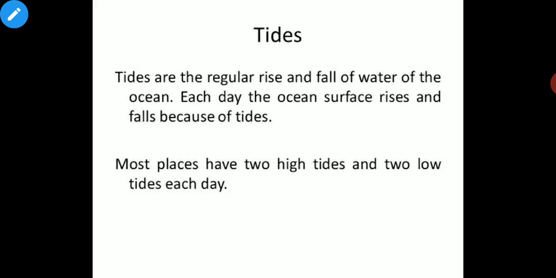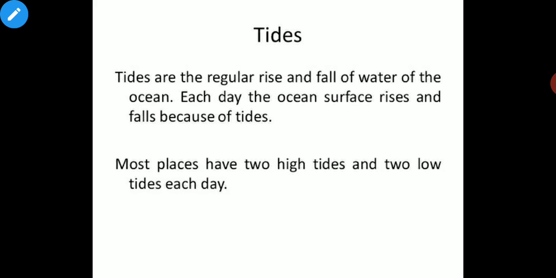In other words, tides are the regular rise and fall of water of the ocean. Each day, the ocean surface rises and falls because of tides. When the level of seawater rises, it is called high tide, and when the level falls, it is called low tide.